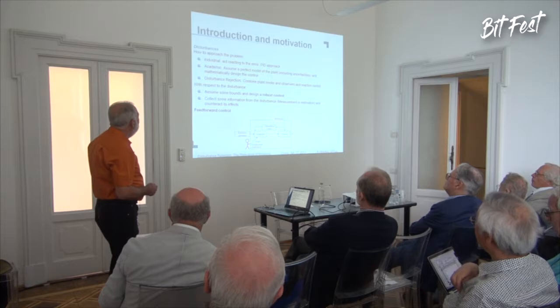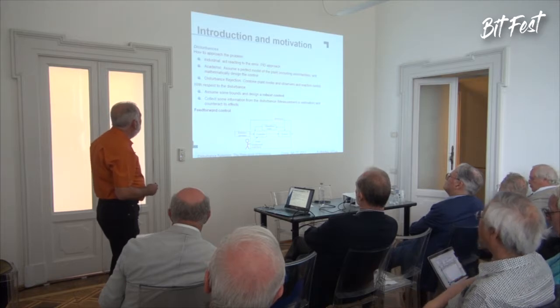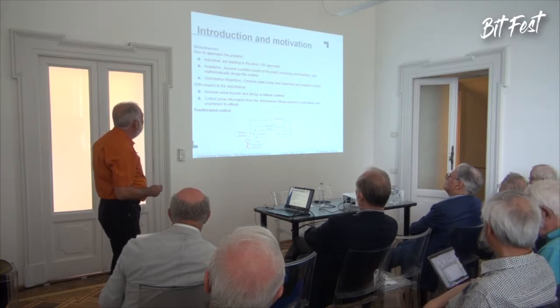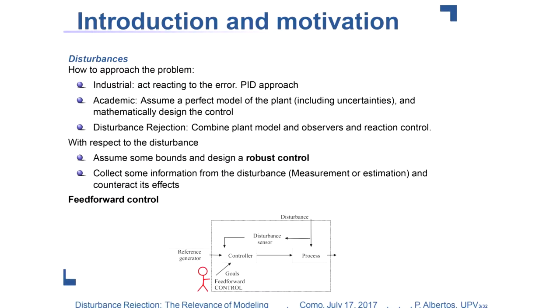The idea here is to deal with it like in the PID approach, looking at the error and trying to minimize the effect of the disturbance. In the case of the academic approach, you need a good model of the plant and also of the disturbances. And in the disturbance rejection approach, they combine both the plant model and observers for the reaction control.